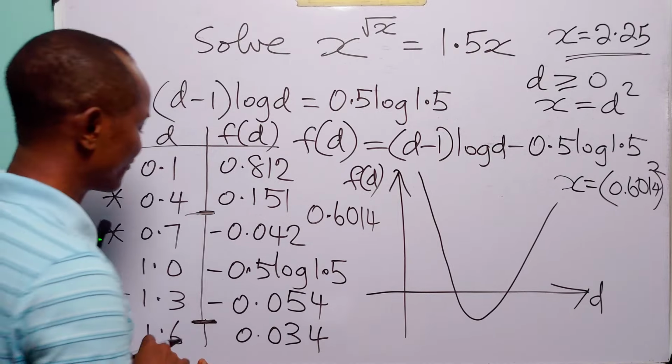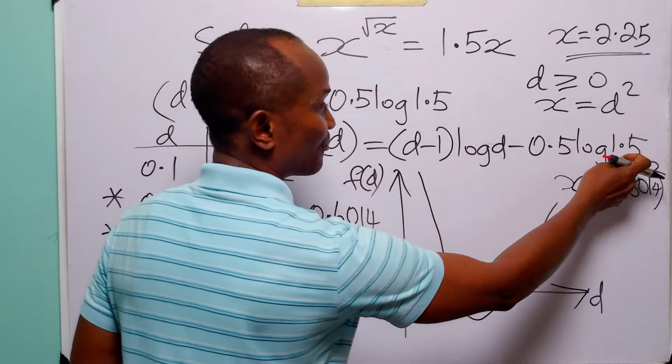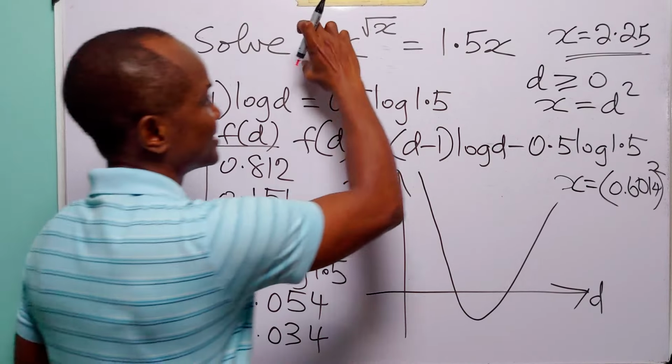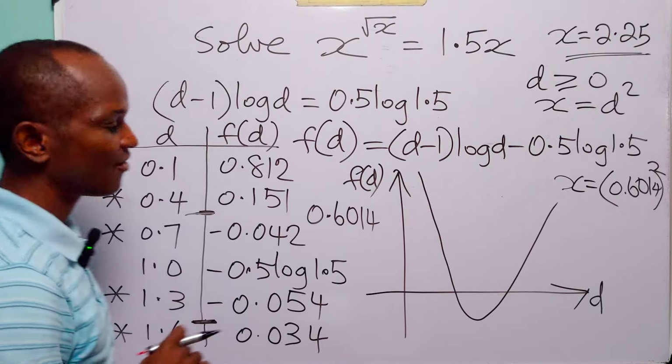So this shows you that the value of d that we calculated, that is d equal to 1.5, gave us the largest value of x that satisfies this equation, which is x equal to 2.25.